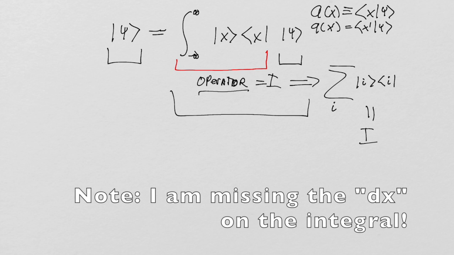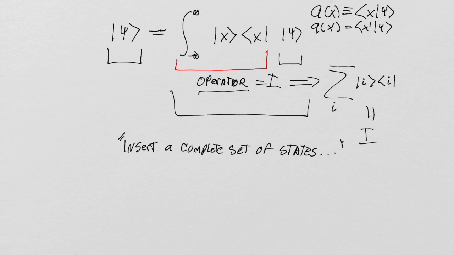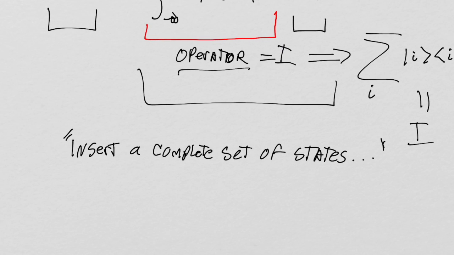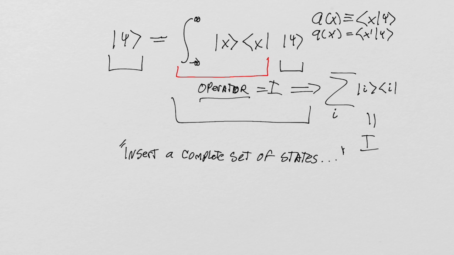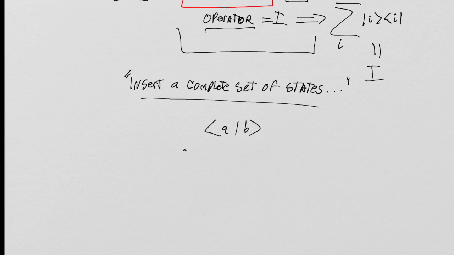Sometimes you'll see in the literature the following phrase: insert a complete set of states. What they want you to do is, if you're looking at something like the inner product of A with B, they say insert a complete set of states, and then they turn this into A x x B, with this integral over minus infinity to infinity dx.